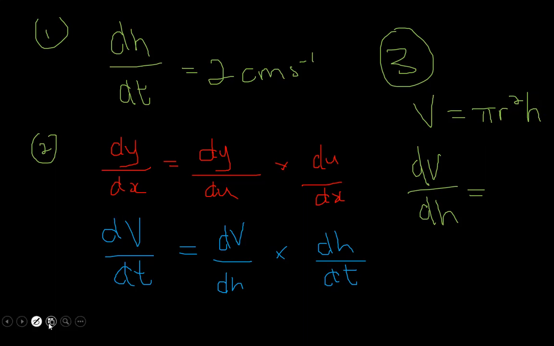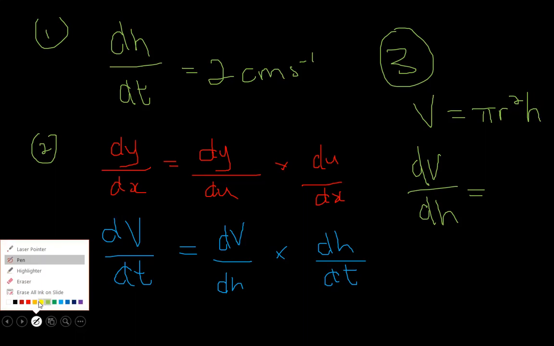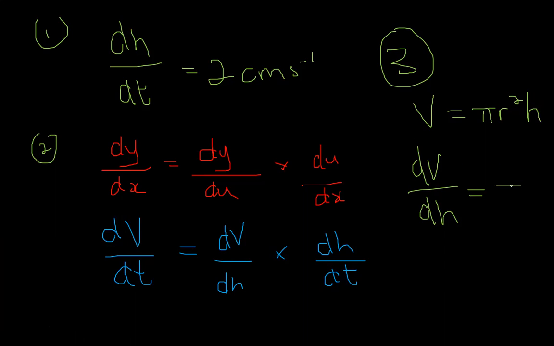And when I do that, I would end up with pi r squared, because in this case, the h is almost like a constant. The power is 1, so you carry across the 1. 1 minus 1 is 0. Anything to the power of 0 is 1. So I just end up with the pi r squared. If anybody wants me to go through that slowly, please let me know.